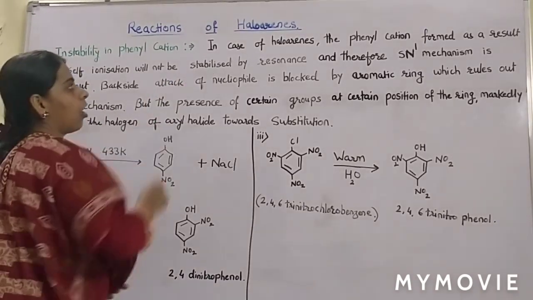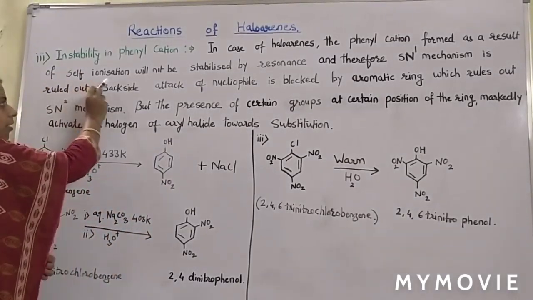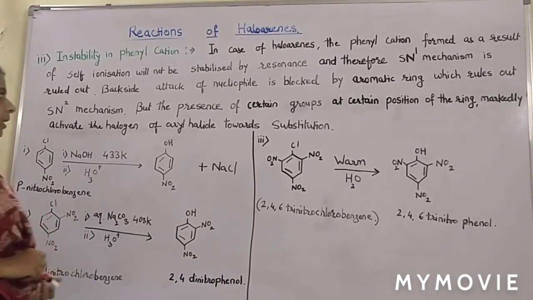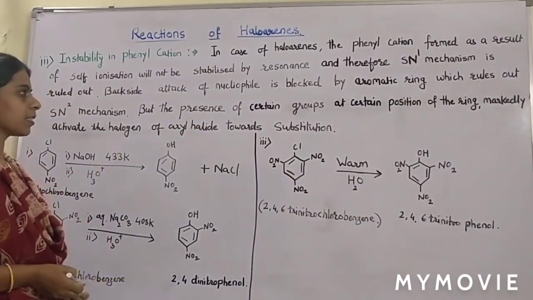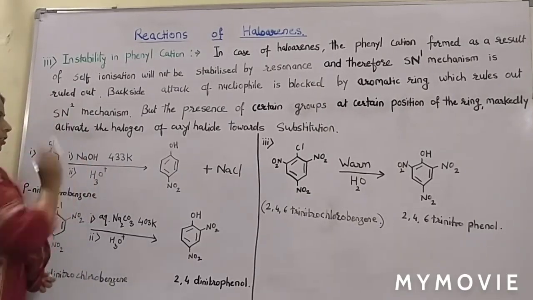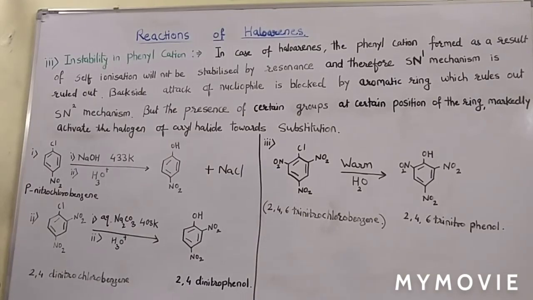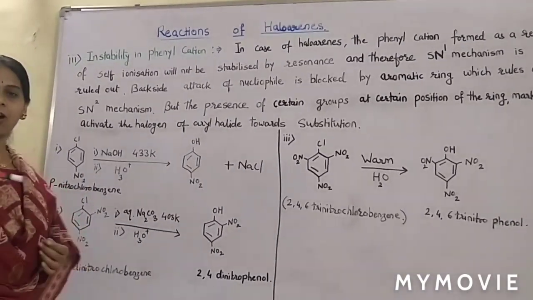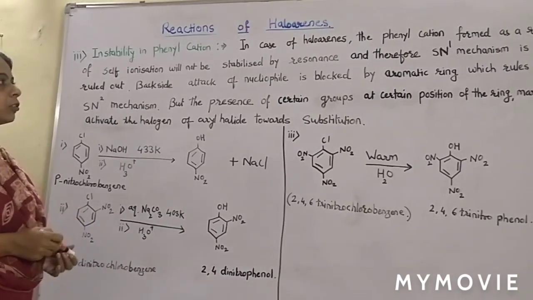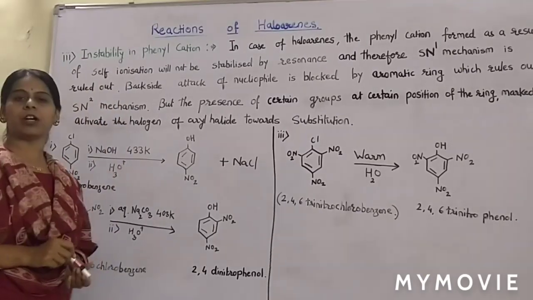Now in case of haloarenes, the phenyl cation formed as a result of self-ionization will not be stabilized by resonance, and therefore the SN1 mechanism is ruled out. We already saw the resonance structures of different canonical forms of haloarenes, so the phenyl cation formed will not be stabilized.